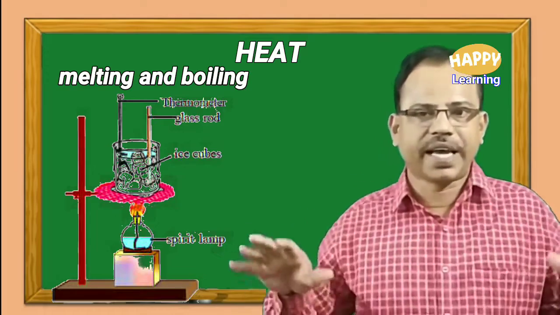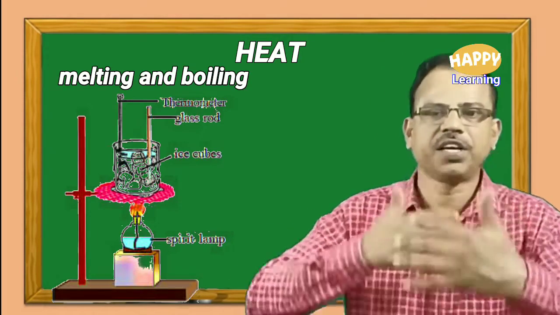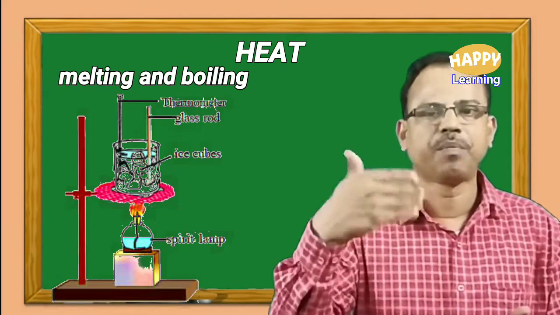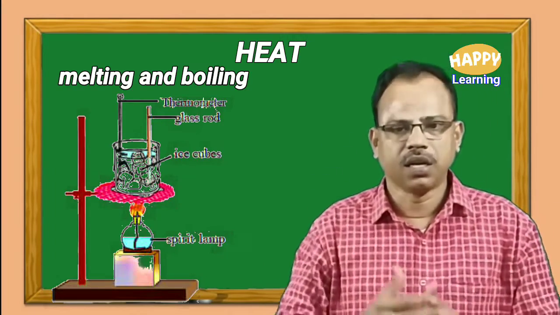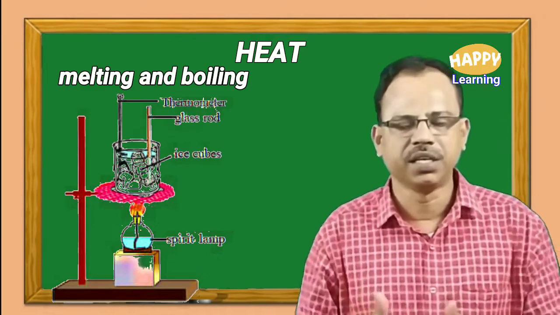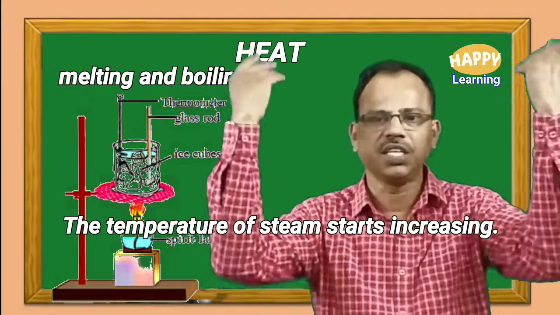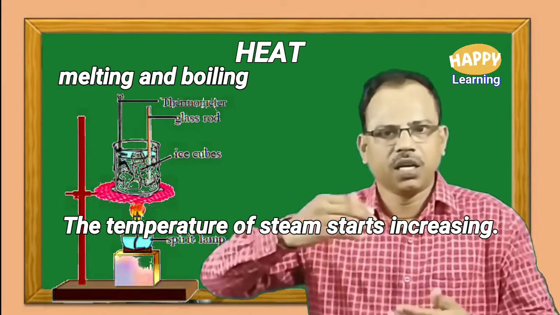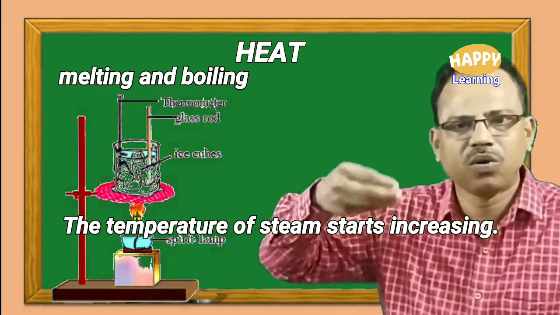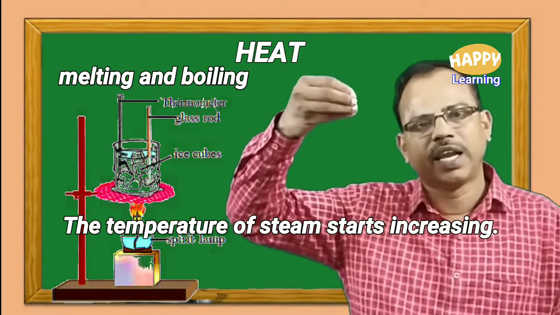Once water is exhausted, there is no water, complete water is converted into gas, that we call as vapor, steam, etc. Now, as we have continued supplying heat, the temperature of this steam starts increasing. The temperature of the steam now becomes 101, 102, 103, like that.